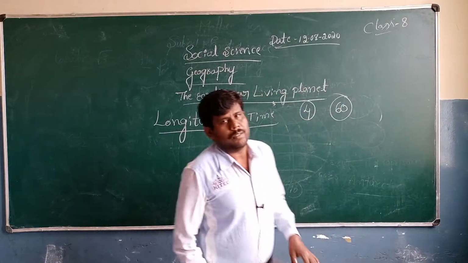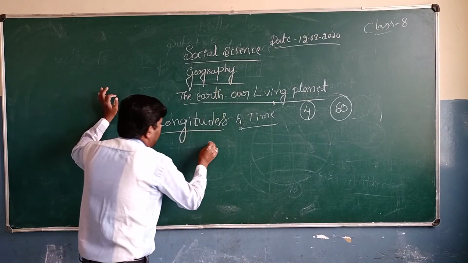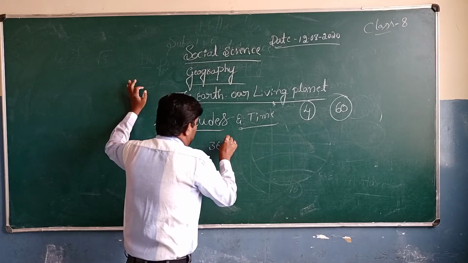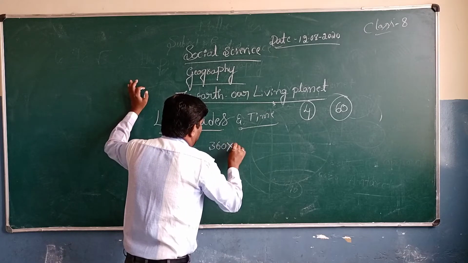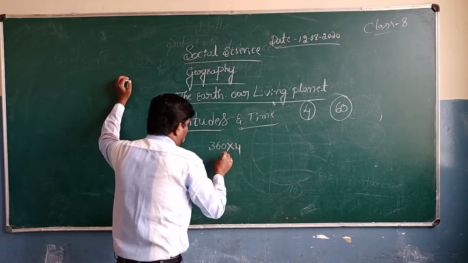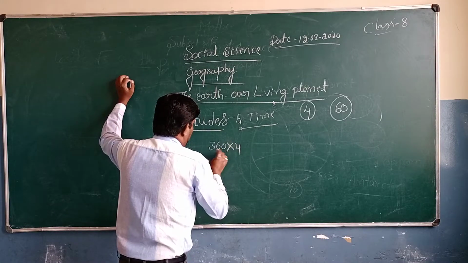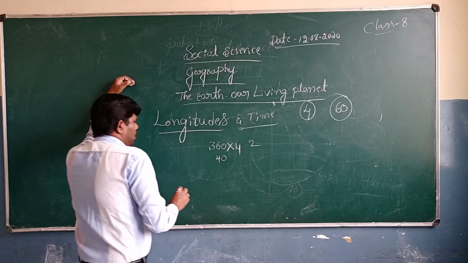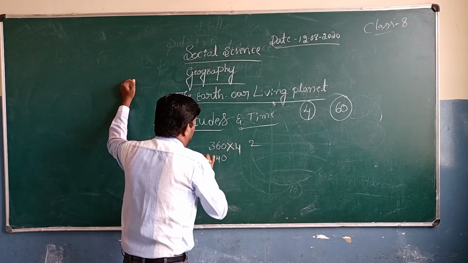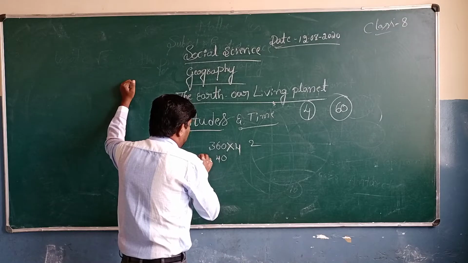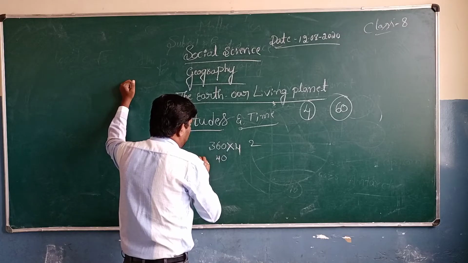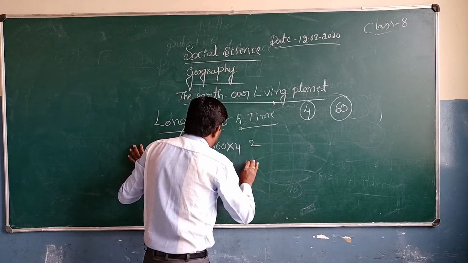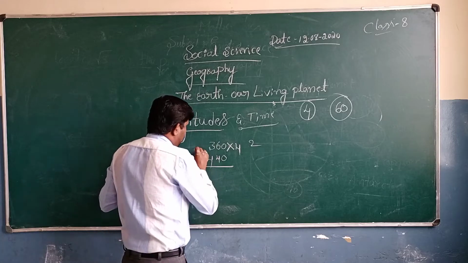We shall calculate here. See, there are 360 longitudes multiplied by 4. 4 times 0 is 0, 6 times 4 is 24, 2 carry, 3 times 4 is 12 plus 2 is 14. So it is 1440 minutes.